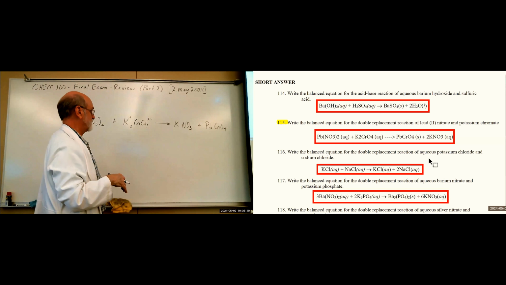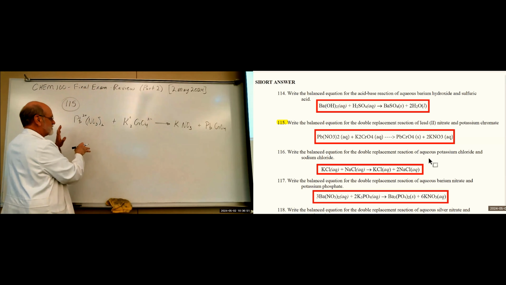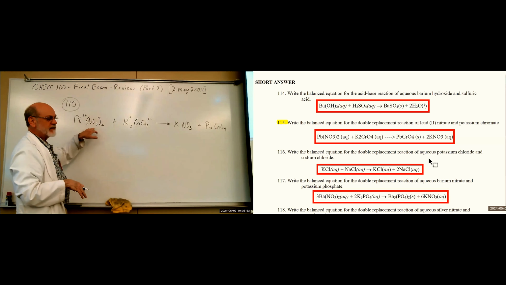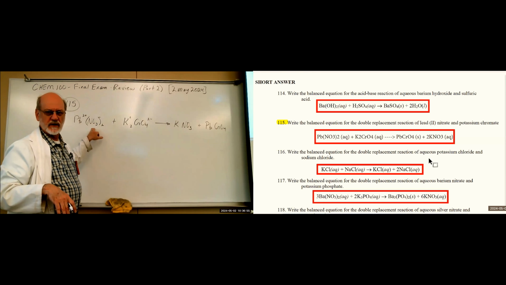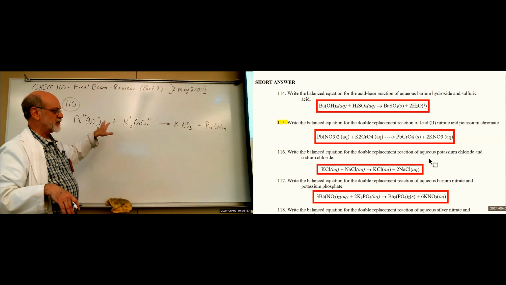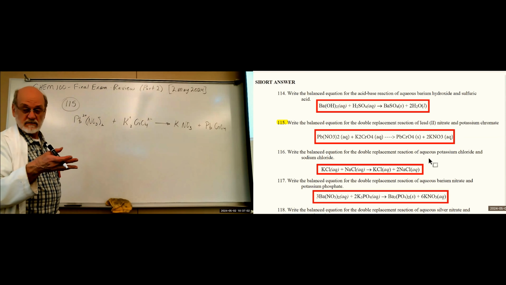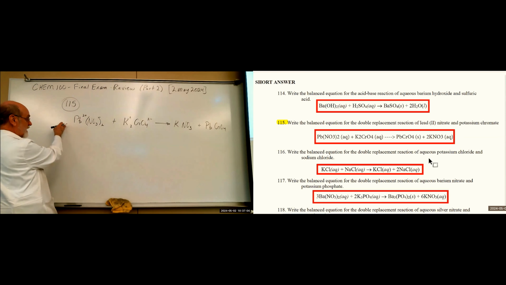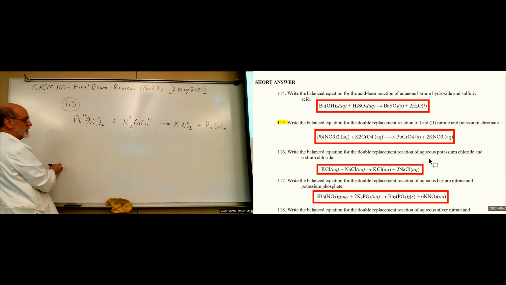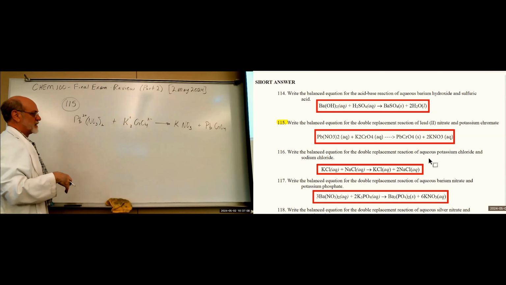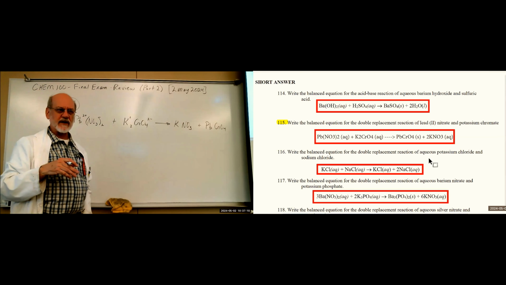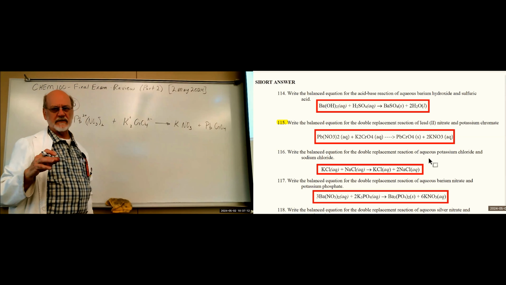Now we need to balance them. The nice thing about this type of reaction is, even though you've got polyatomic ions, they did not break apart. Right? So we could set up a budget: lead, nitrate, potassium, chromate, and balance them. But these double replacement reactions are usually very well behaved.